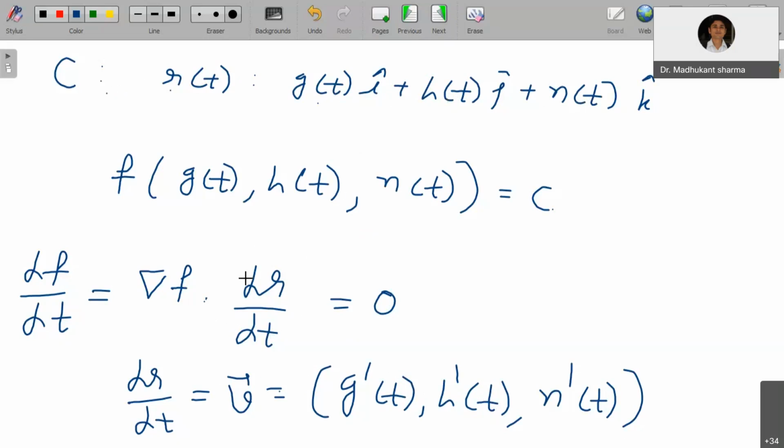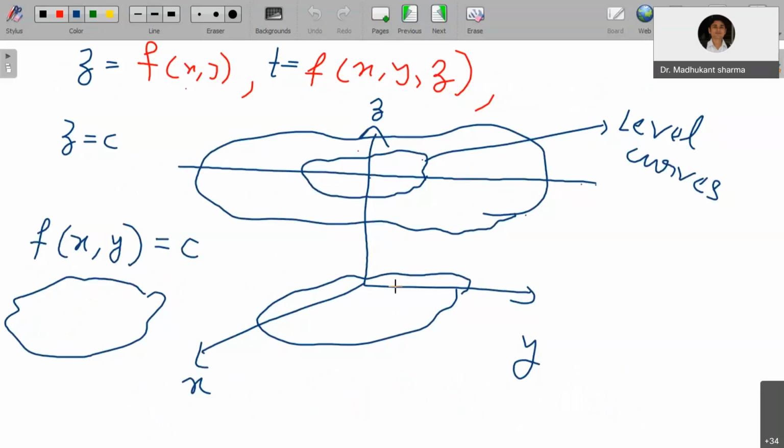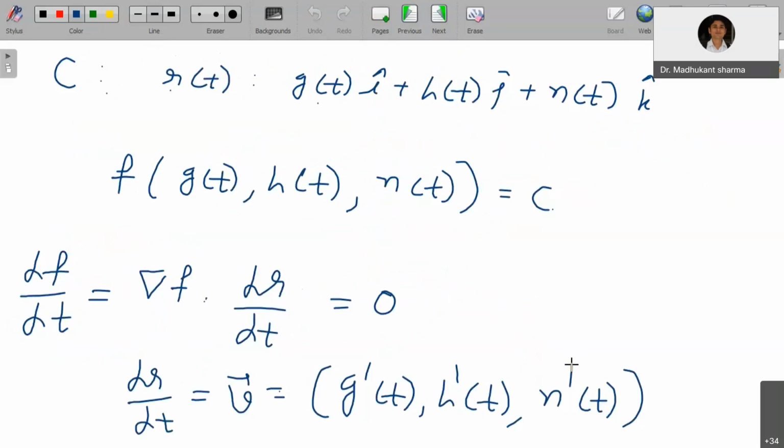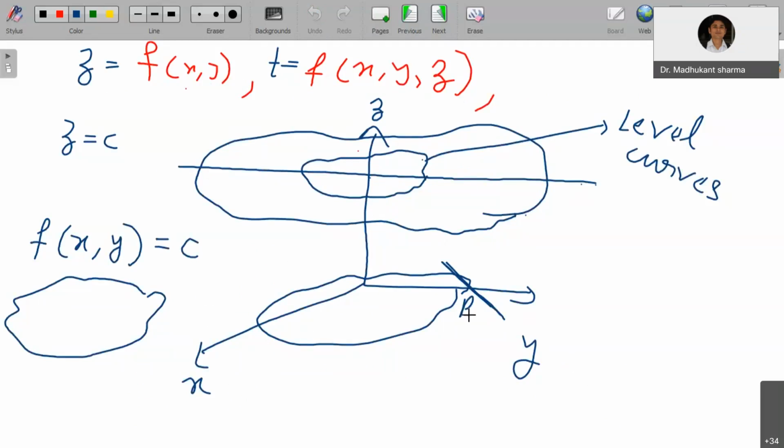So what is dr by dt on the level curve? It is nothing but the tangent. Velocity vector means you have the tangent. At any point, let's say p naught, x naught comma y naught, the tangent will be given by dr by dt at p naught.